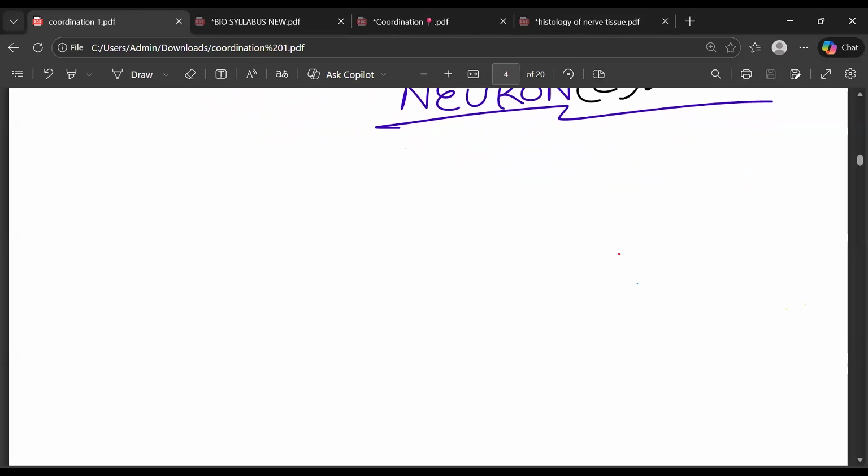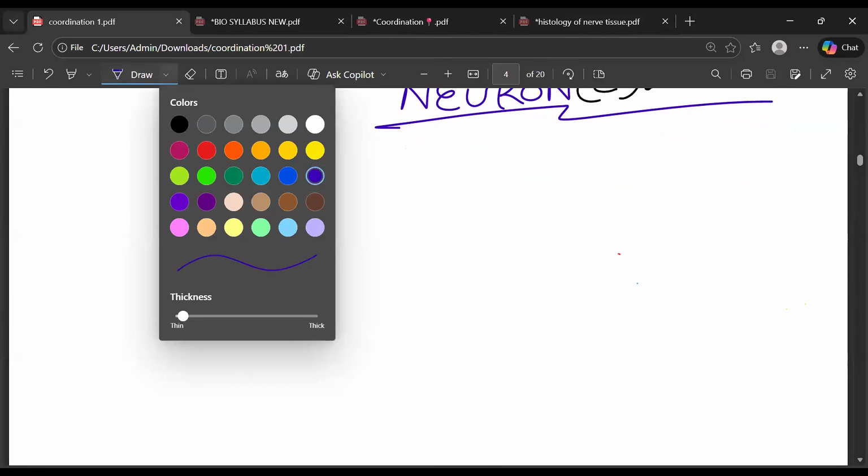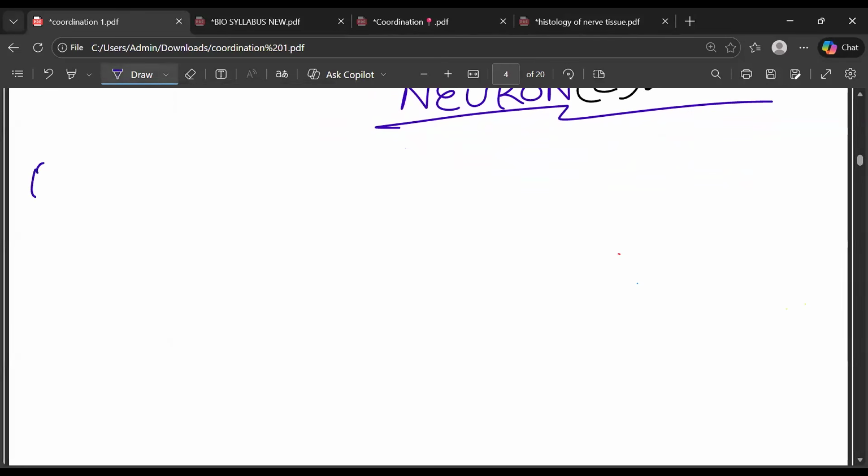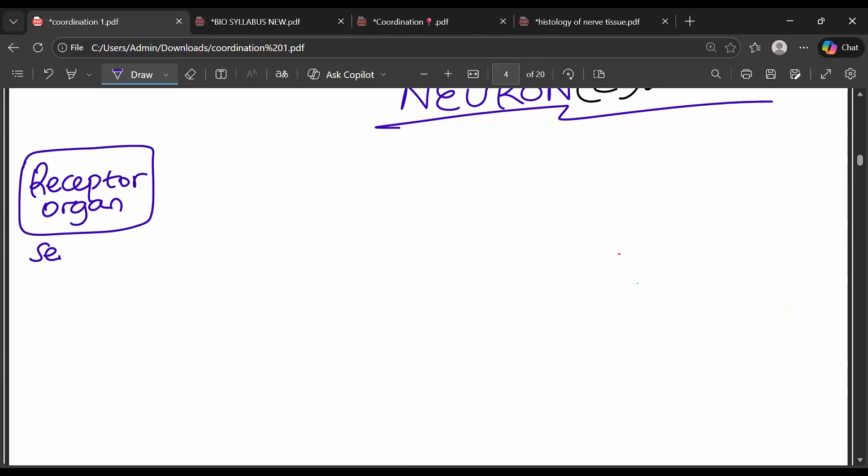Now we are going to ask ourselves what the details really are. We just want to know the details of this line. For example, you all know that we have what we call the receptor organ, or the sense organ.